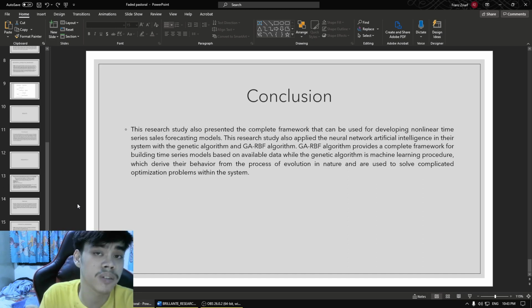As you can see in the results, the system is perfectly fine, accompanied with the two algorithms and the AI. So the system accurately provides the data of the short shelf life product, which is milk.